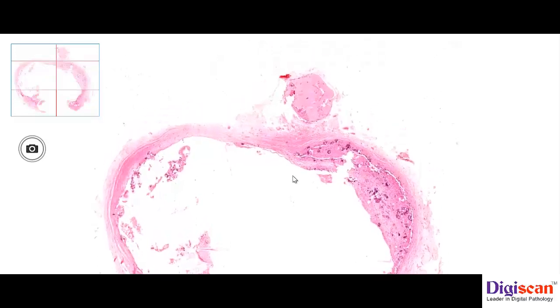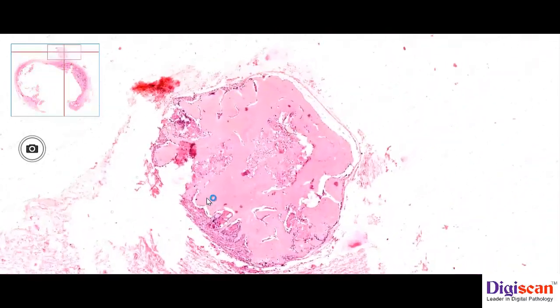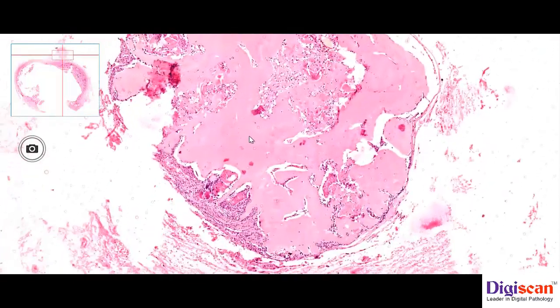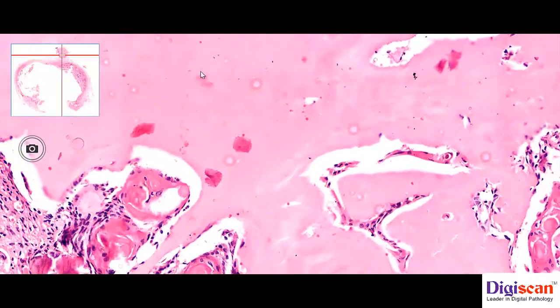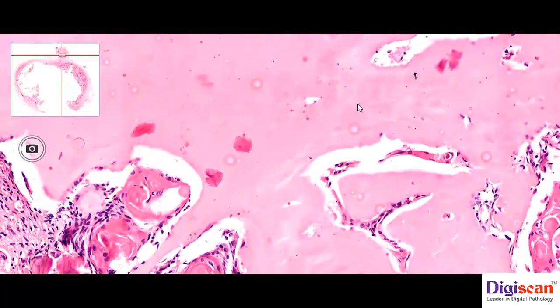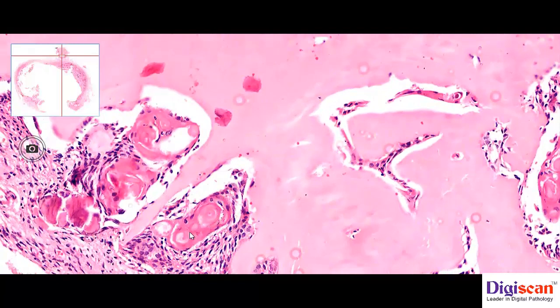Let us have a look at this nodule, and as we go higher we find that this nodule is made up of dentinoid material here. This is pink acellular dentinoid material and masses of ghost cells. We can see that the nuclei are gone and outlines of the cells are there.